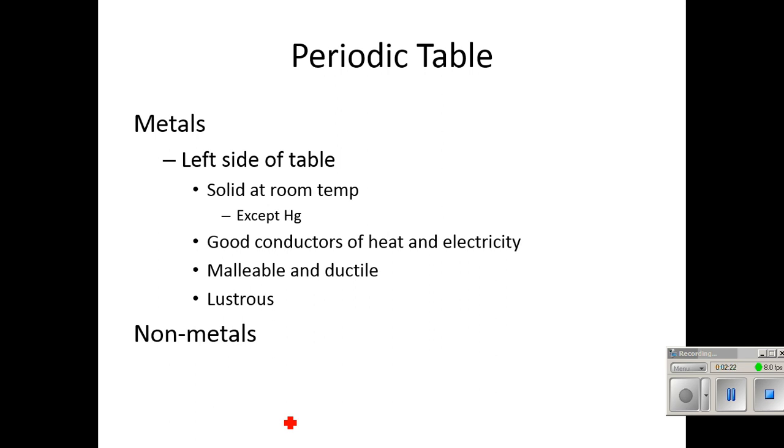So non-metals are insulators. The opposite of malleable and ductile is brittle. And of course the opposite of lustrous is dull, not shiny. So that is a summary of the properties of metals and nonmetals on your periodic table.